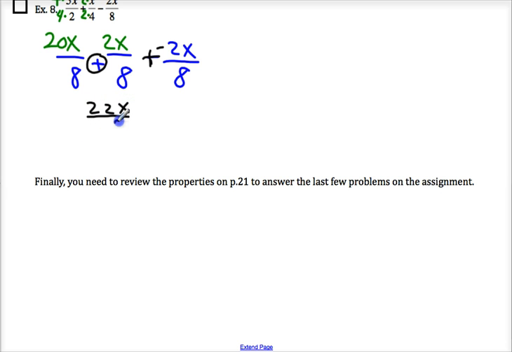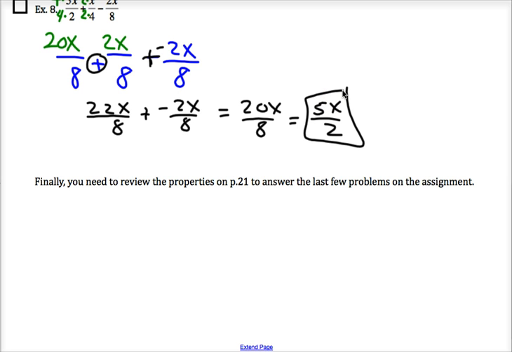It'll be 22x over 8 plus negative 2x over 8, or minus 2x over 8, which is 20x over 8. When you add, subtract fractions, you do not change the denominator. Just add or subtract the numerators. This one would not be done because 4 goes in the top and bottom. So you divide them both by 4, and you get 5x over 2.